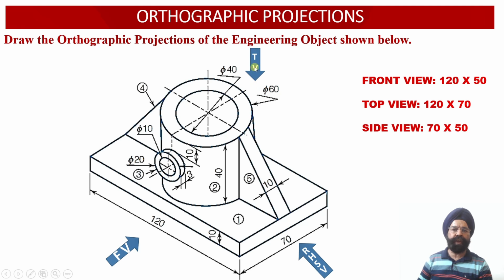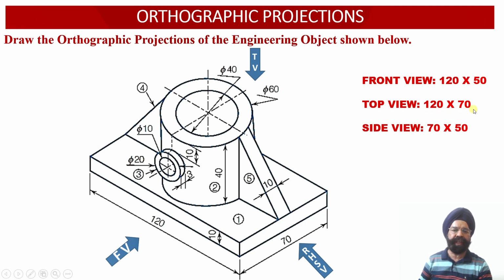When we look at the solid from the top view orientation, we observe that the width of the solid is 120 millimeter, while the depth of the solid is equal to 70 millimeter. So the top view face of the solid will measure 120 millimeter width by 70 millimeter depth.